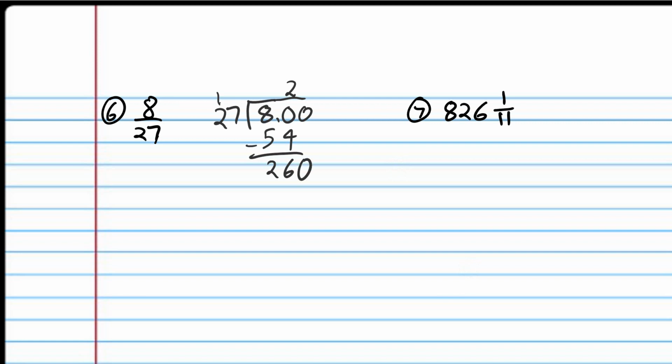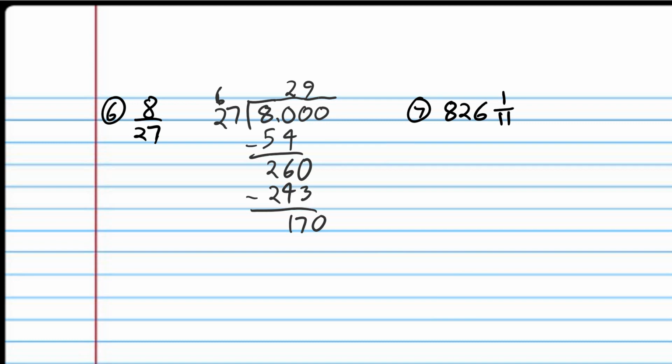Bring down a 0, and 27 goes in, I believe, 9 times. 9 times 7 is 63. 9 times 2 is 18, plus 6 is 24. Subtract, I'm just going to do it in my head, you get 17. So now you bring down another 0. 27 goes into 170. Let's see.